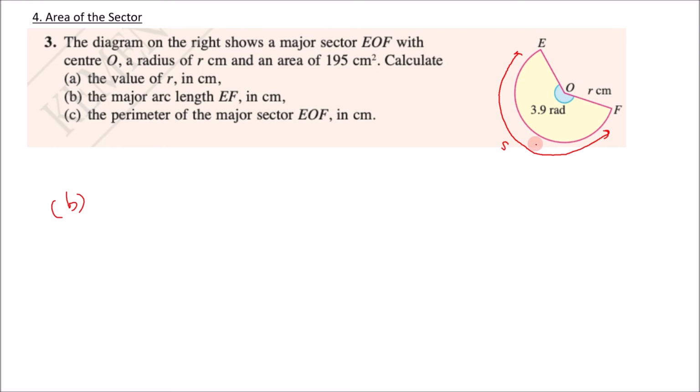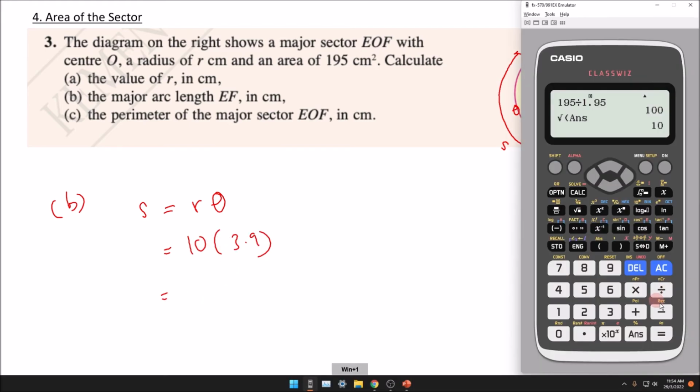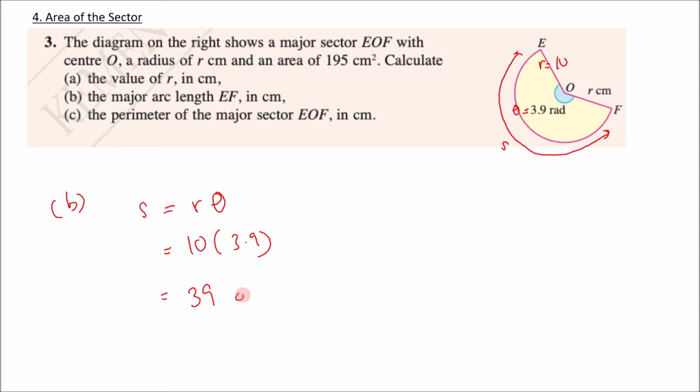So we have r just now, 10. This is theta. So the arc length formula is S is equal to radius times theta. So radius is 10, theta is 3.9. So you can just use calculator. 10 times 3.9 should be 39 cm.